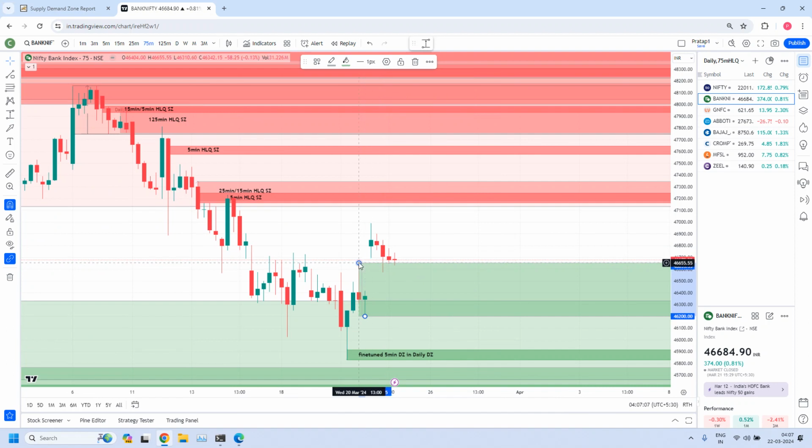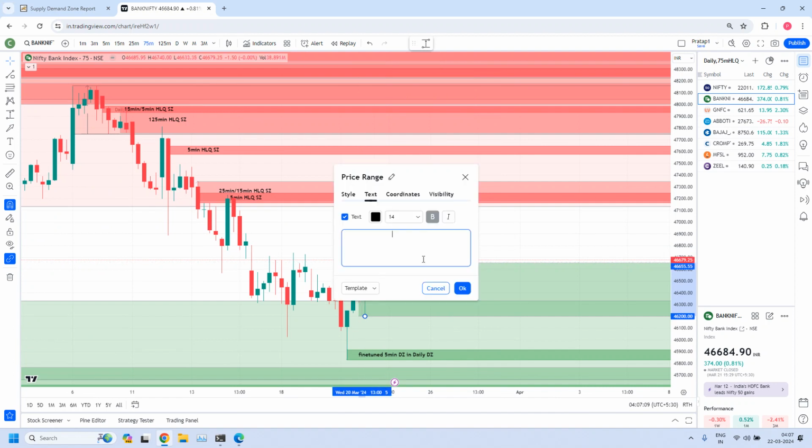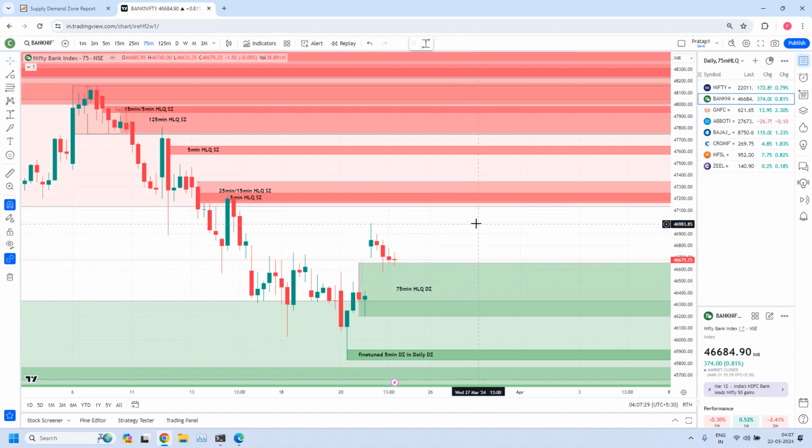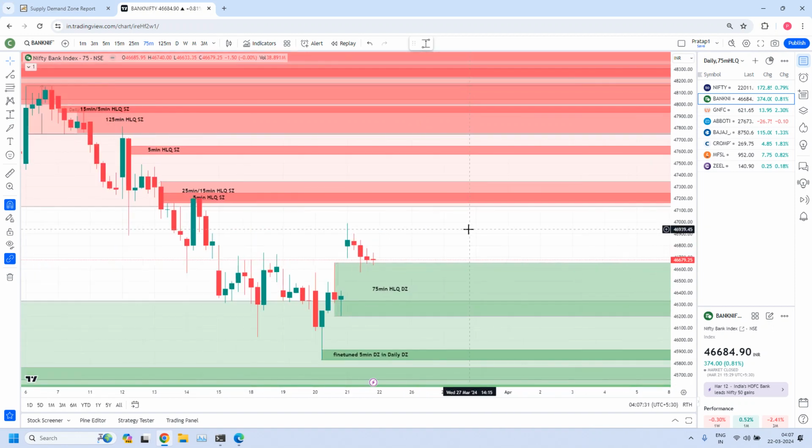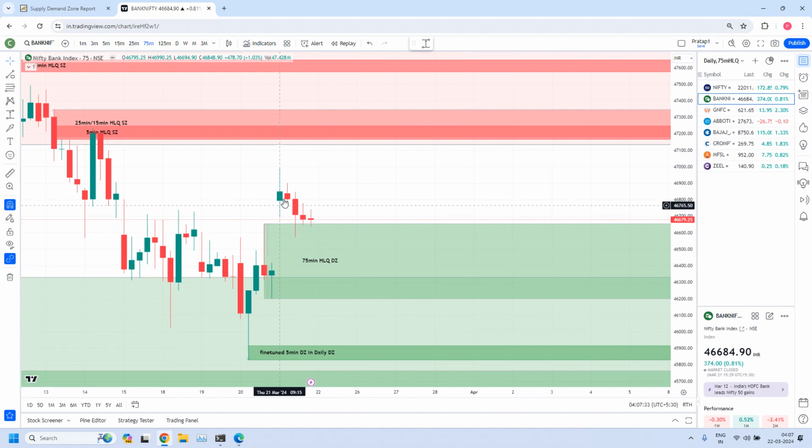And this is a 75 minutes high liquidity demand zone. So institutions are not easily allowing this demand zone to be violated. That point you have to understand. So this is a 75 minutes high liquidity demand zone, and today it took some support from this zone.